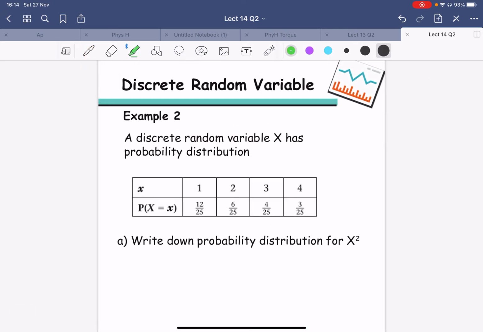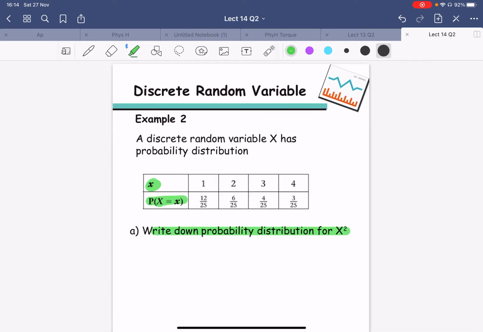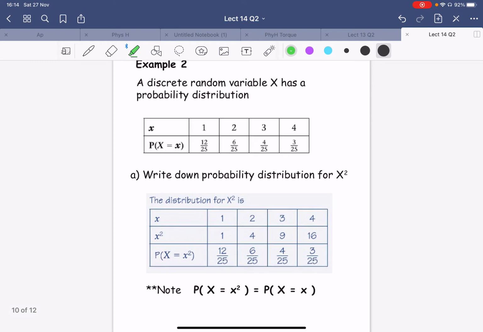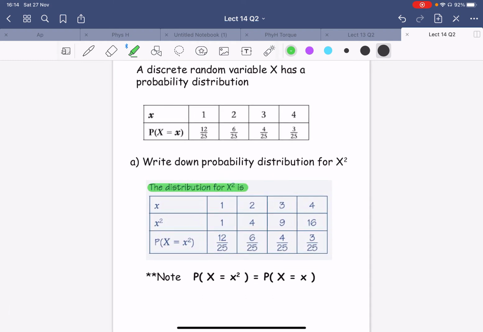Second example. You're given a new function here, and the PDF is different. Write the probability distribution for x squared. How do I do that? Remember that for x squared, we make a new table for x. Square this, you get 1. Square this, you get 4. Square that, you get 9. Square this, you get 16.